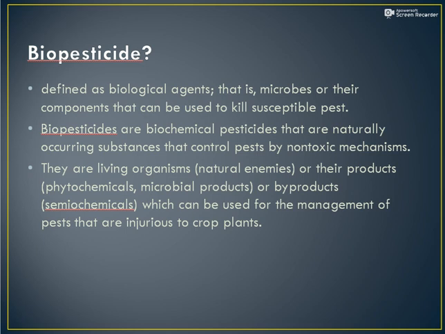Generally speaking, they are living organisms or their products. The products could include phytochemicals, microbial products, or even their byproducts, which can be used for the management of pests that are injurious to the crop plants.